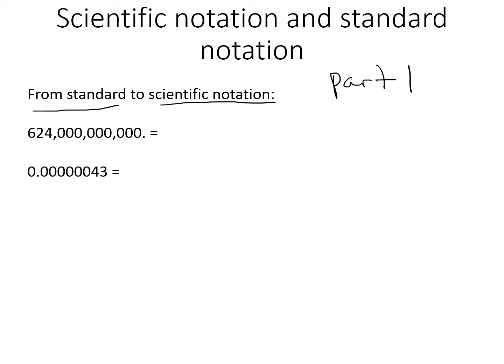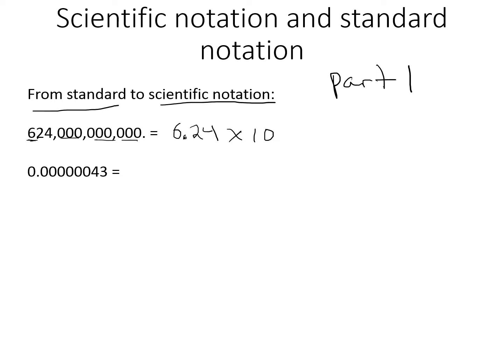First rule is we take the first number, it is 6. And then we're going to put a decimal point right after the first number. So 6 point something, 6.24. Now, instead of all these zeros, we're just going to write times 10.